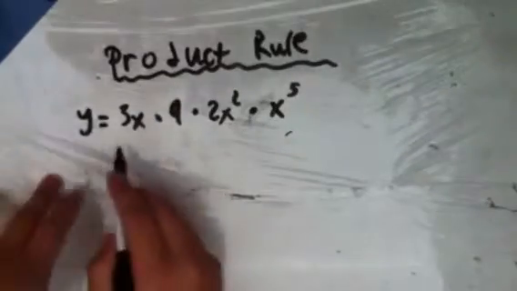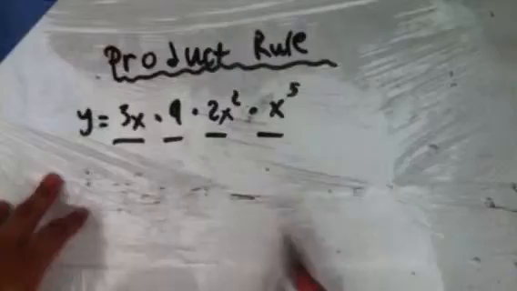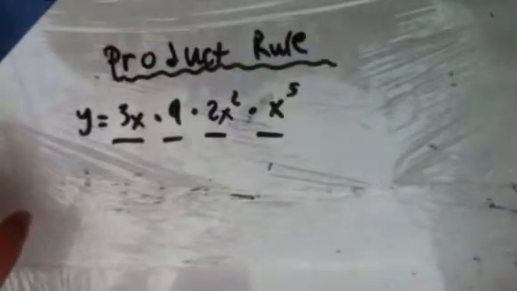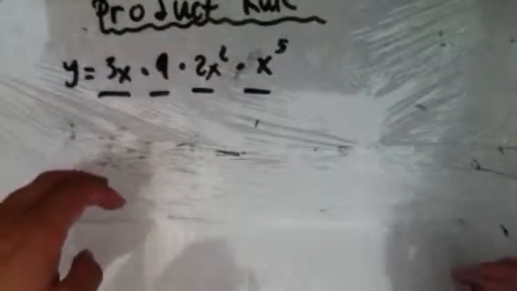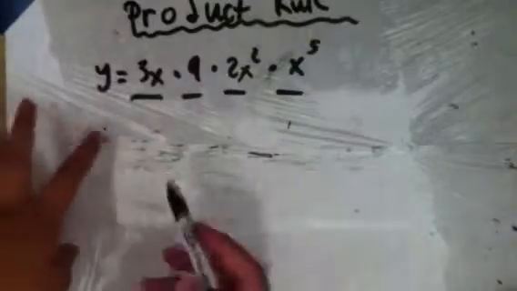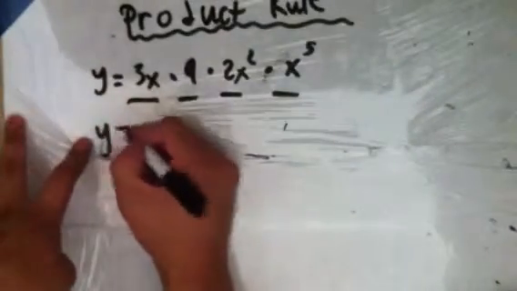Alright, now that's 1, 2, 3, 4 different things being multiplied together. And the best thing to do is to actually simplify it. So instead of 4 things being multiplied, you have maybe 2. So we could actually use the product rule. So you choose to just combine 2 things.